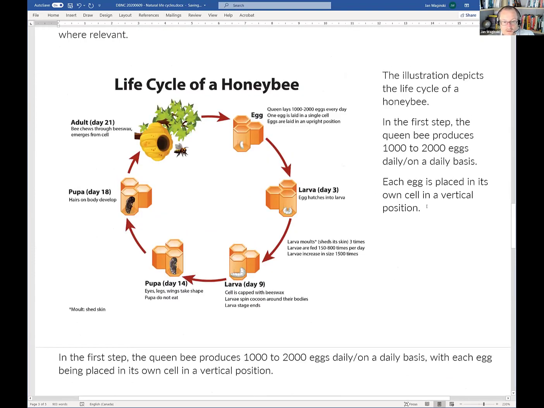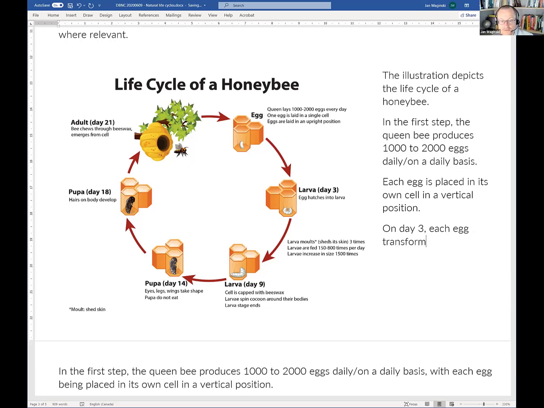Myra, run larva, day 3. Can I start with "on day 3"? Yep. On day 3, each egg is transformed. I would use the active because there isn't somebody doing the transformation.